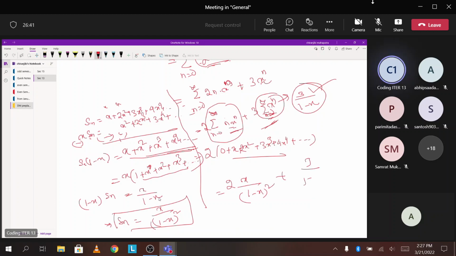plus 3 by 1 minus x. So 1 minus x whole square comes common, then this becomes 2x plus 3 minus 3x. Yes, correct.